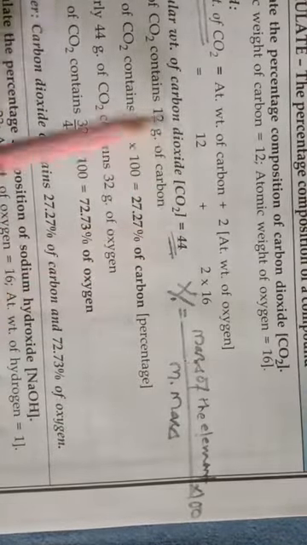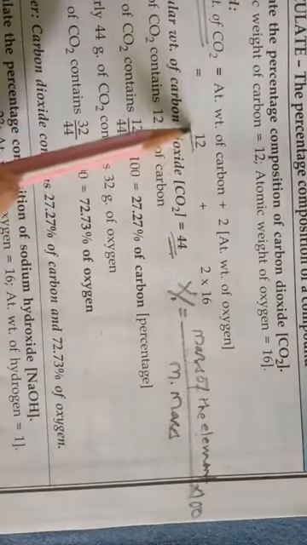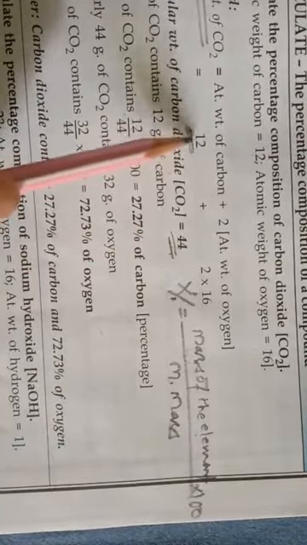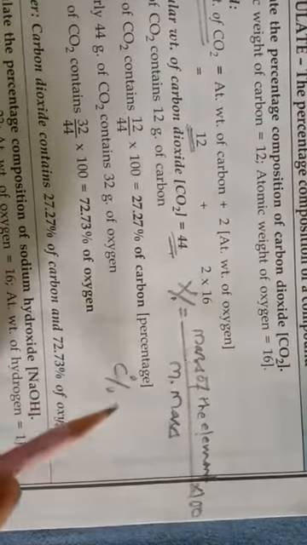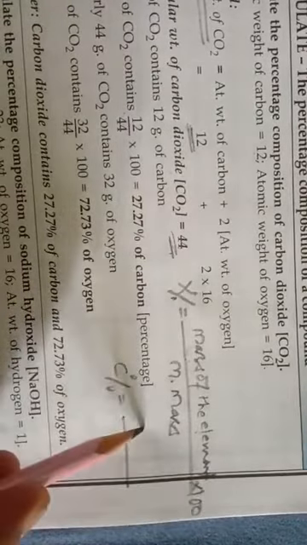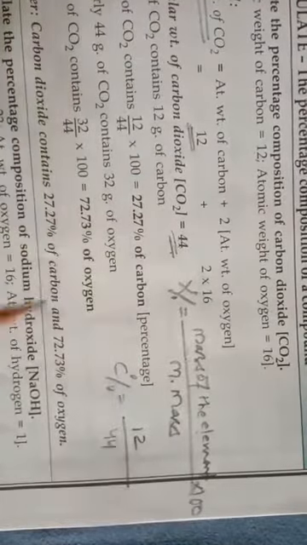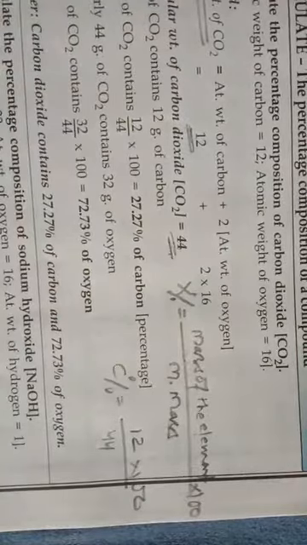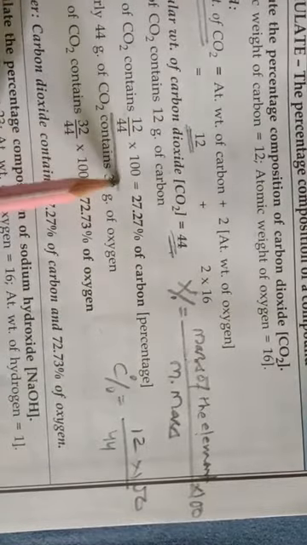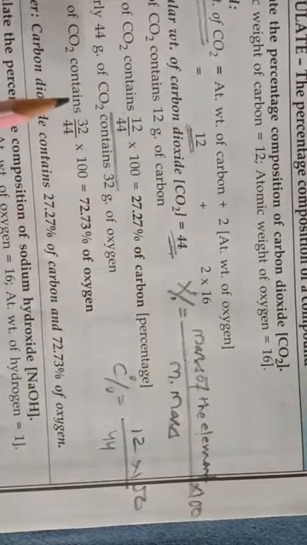In CO2, the total mass of carbon is 12 grams. So the percentage composition of carbon will be equal to the mass of carbon in the compound, 12, divided by the molecular mass, into 100. This is the formula. Then after calculation you will get 27.27.